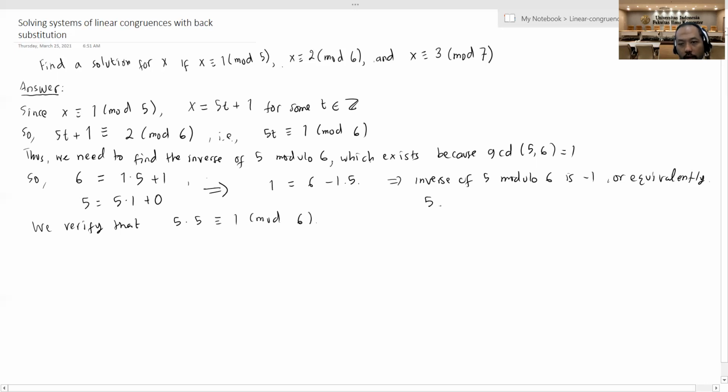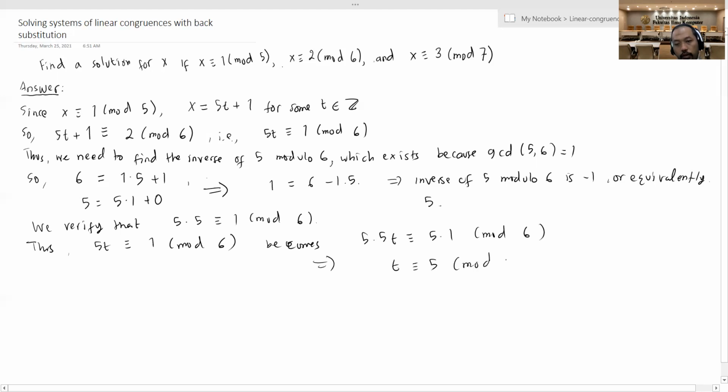Now, from this fact, the linear congruence 5t congruent to 1 modulo 6 becomes 5 times 5t congruent to 5 times 1 modulo 6, which is the same as, of course, t is congruent to 5 modulo 6.